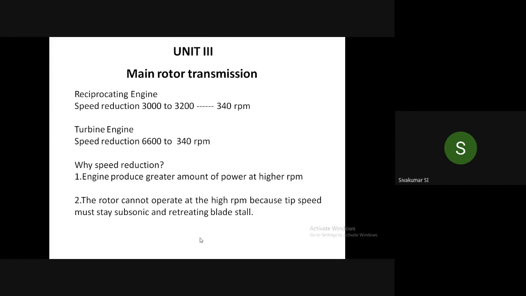But the blades rotating at speed develop centrifugal force, and they are also subject to flapping and feathering. Okay, advancing of the blades, retreating of the blades, what we discussed in the second unit.